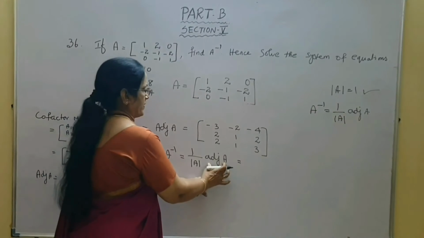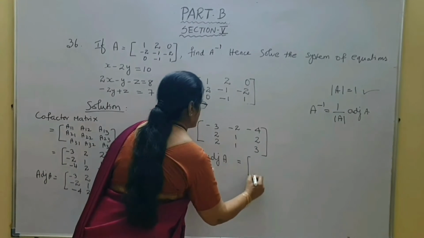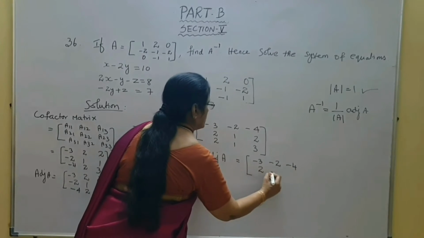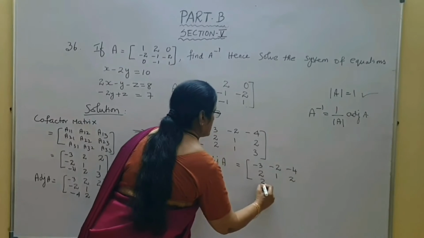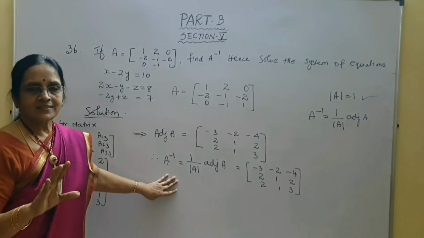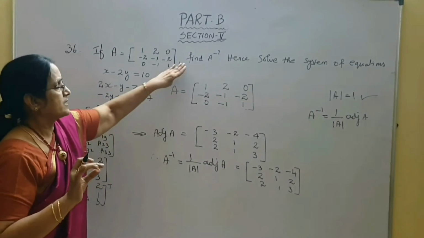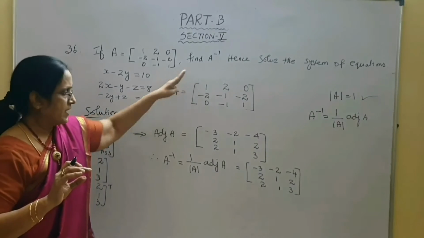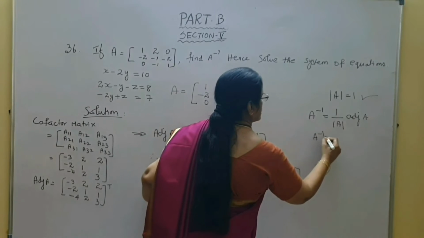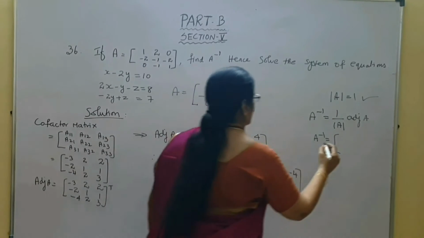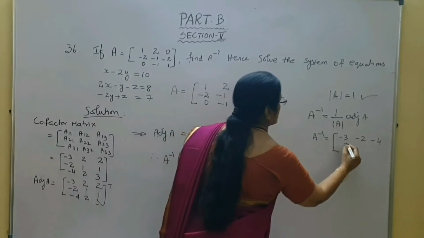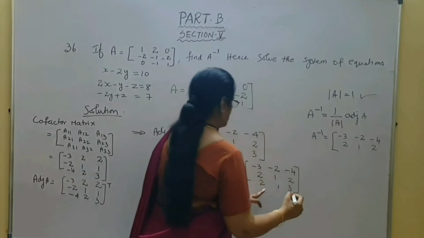So, just adjoint of A, you are going to write over here, which is minus 3, minus 2, minus 4, 2, 1, 2, 2, 1, 3. So, we have done the first part of the given question. That is, we have found out A inverse. So, let me make a note of it here. A inverse is equal to the matrix minus 3, minus 2, minus 4, 2, 1, 2, 2, 1, 3.